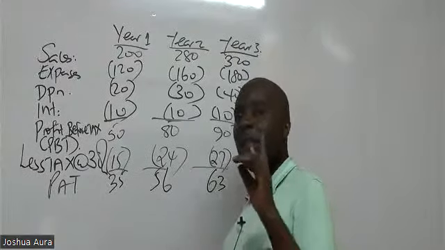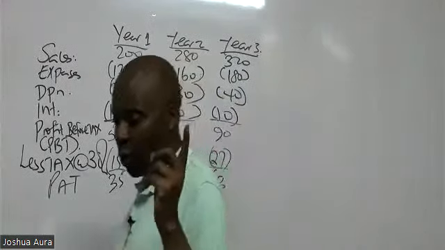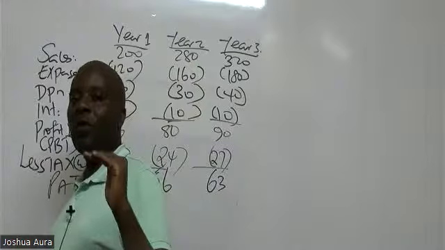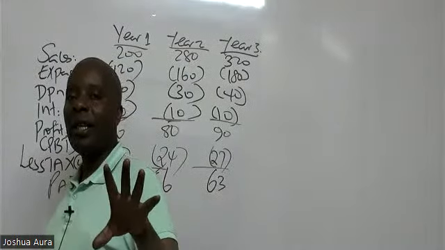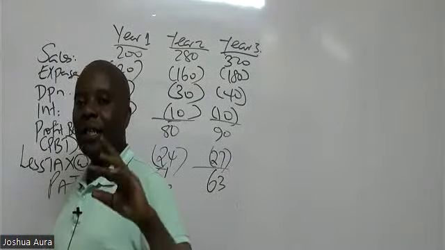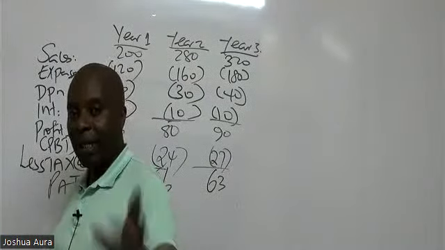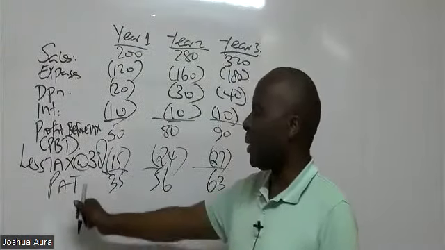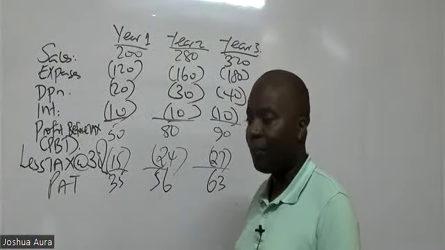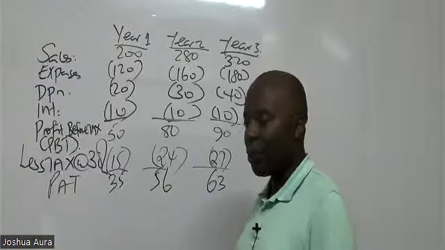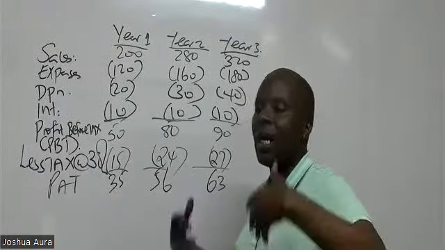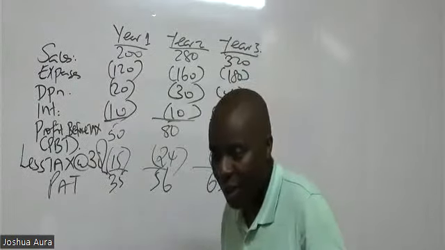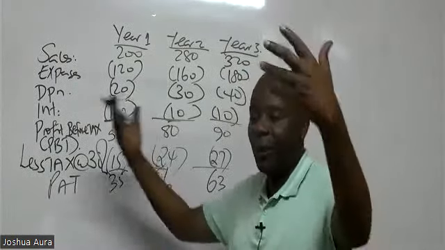So remember that we are looking for cash flows. Profits is just obiter dicta, by the way. After I get profits, there is some abracadabra I have to do to change the profit after tax to cash flow. Who is able to remember this abracadabra? What am I supposed to do? We add back depreciation.